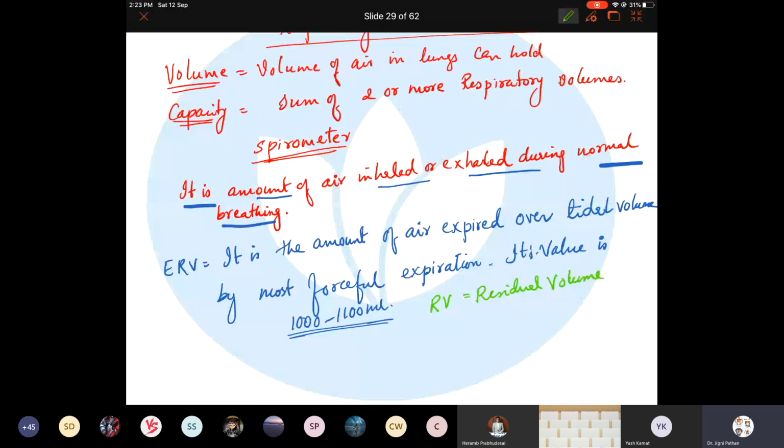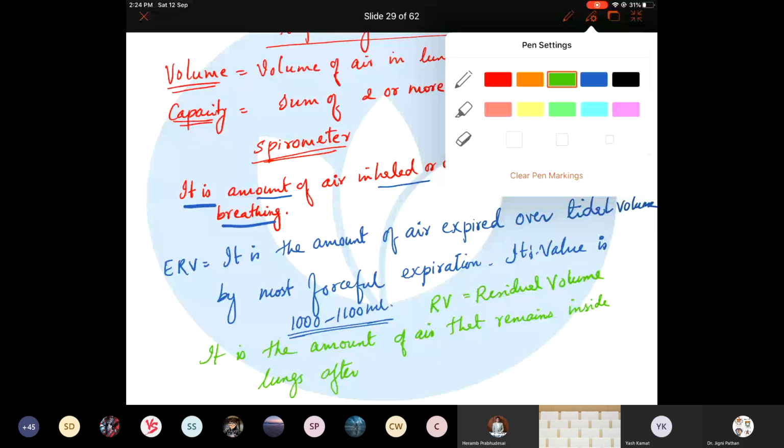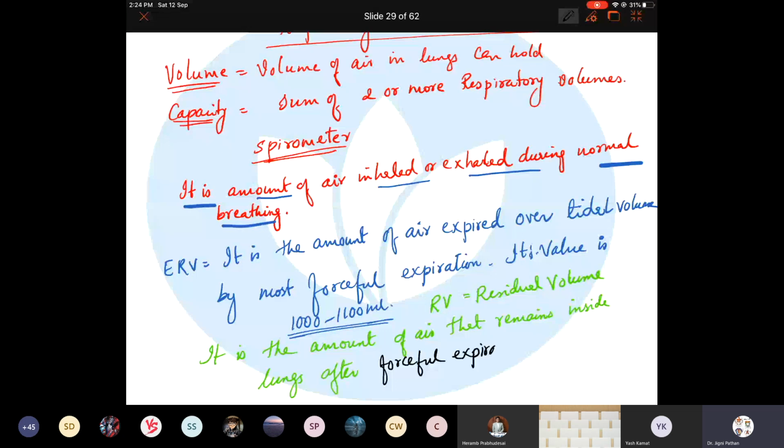It is the amount of air that remains inside the lungs after forceful exhalation, which is equal to 1200.